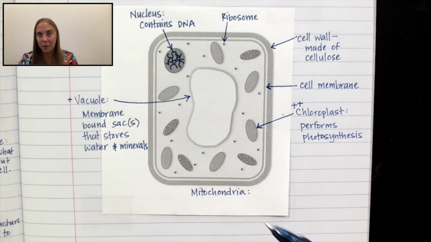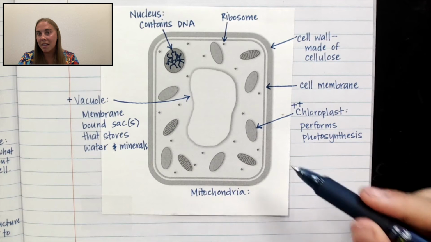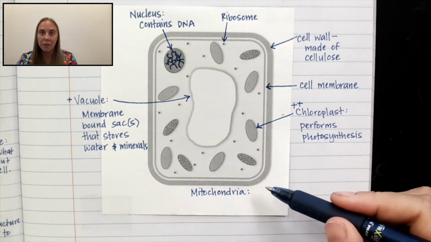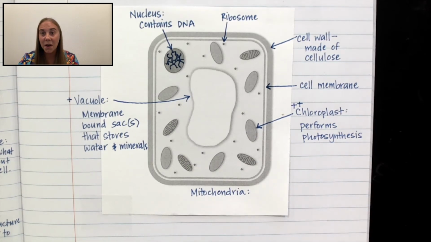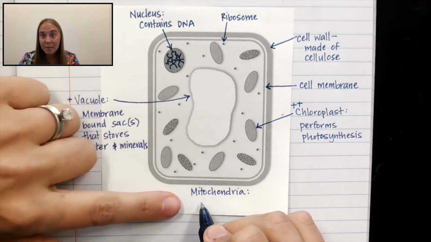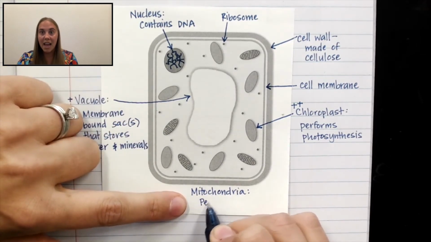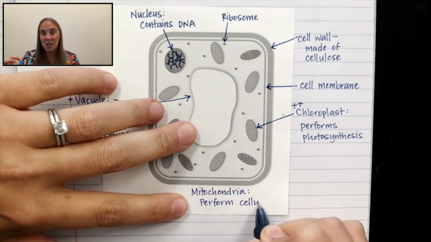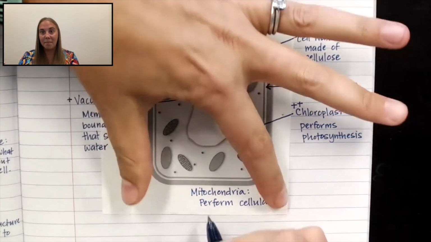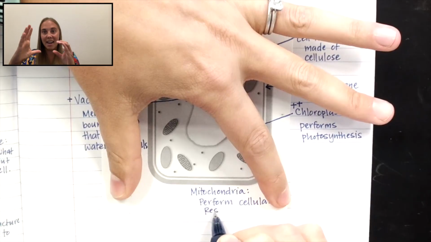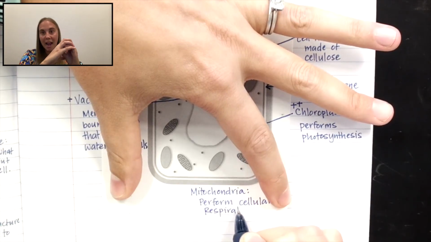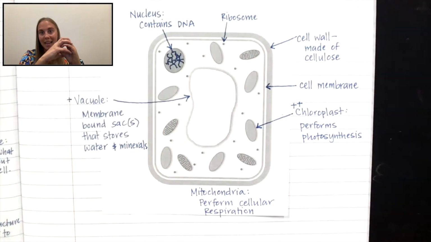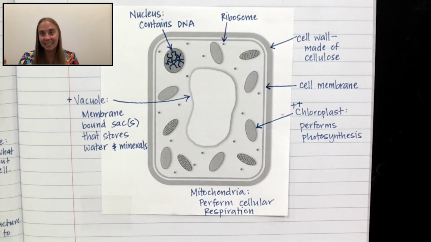actually super cool. Scientists think that mitochondria and chloroplasts were actually their own unicellular organisms back in the day. But what happened is a bigger organism came and engulfed them. So it basically takes its cell membrane and it wraps it around the mitochondria or the chloroplast and pulls it inside of that cell.